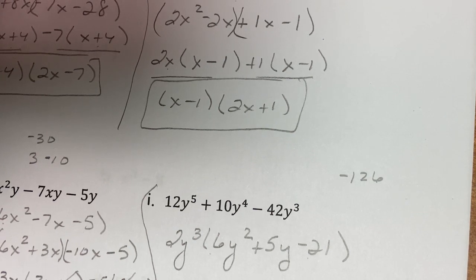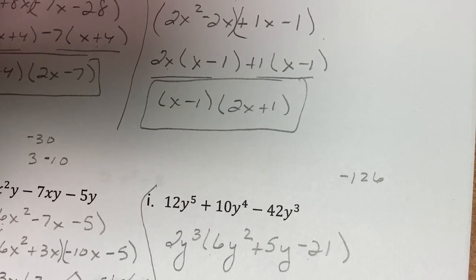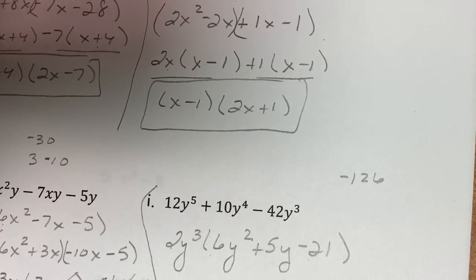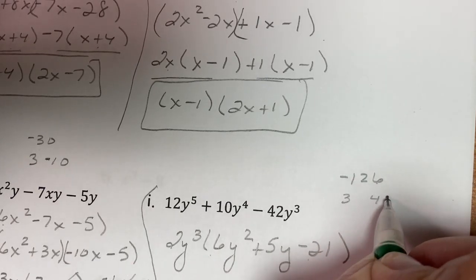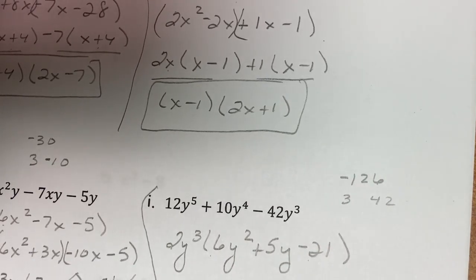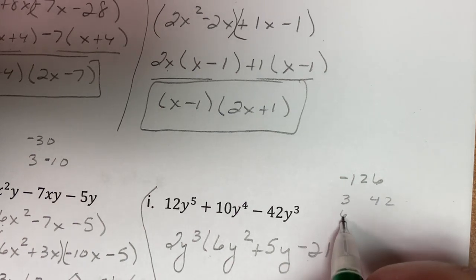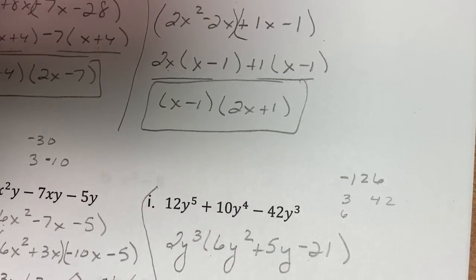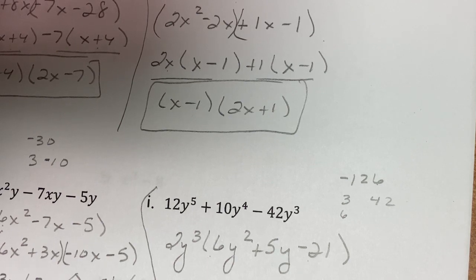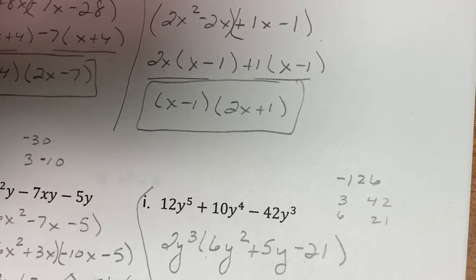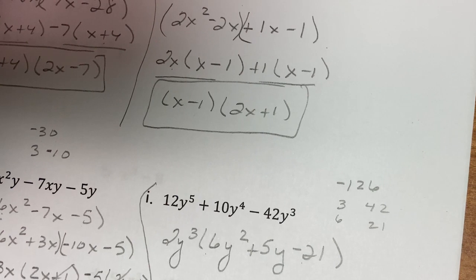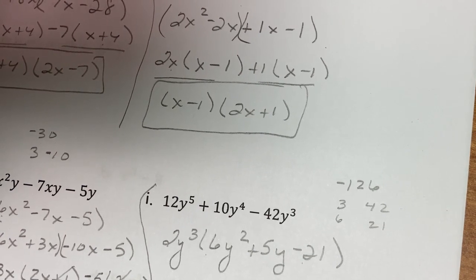I have no idea. I don't even know what goes into 126. Well, I know 3 goes into there. 126 divided by 3, so it's 3 and 42. That's not going to help me. I know 6 goes into there. Oops, 21. I need a 5, not a 15. Does 8 go into there? 126 divided by 8.